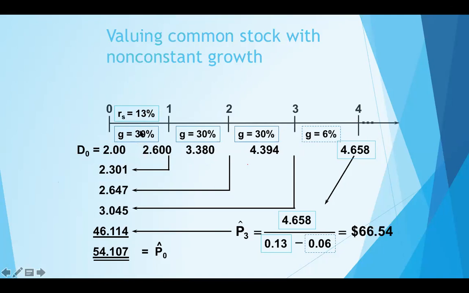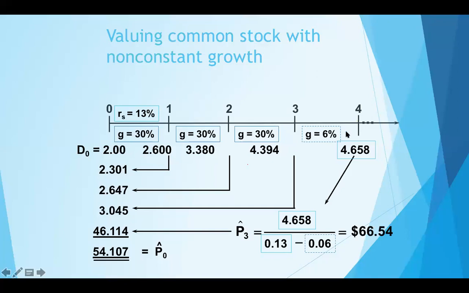So we can calculate the D1 individually. So 2.16 divided by 1 plus 13% for 1 year, of course, right?